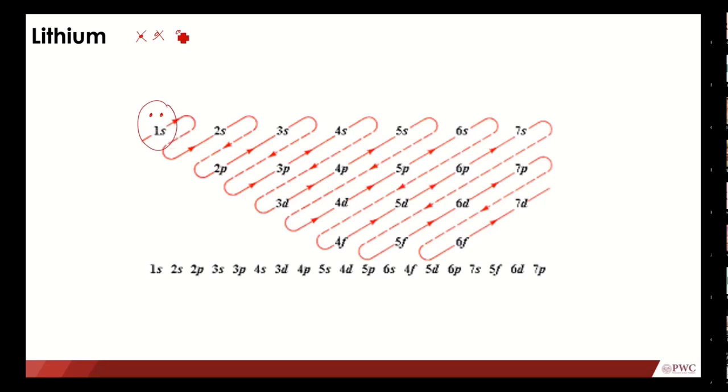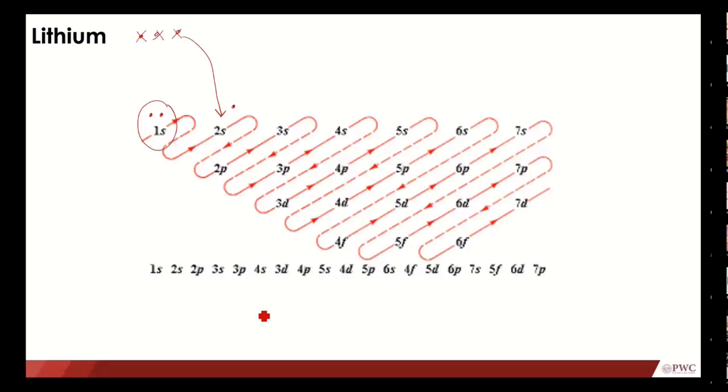So this will now occupy the next higher energy level. On the second energy level, we have two sublevels, the s and then the p sublevel. Where should we occupy first, the s or the p sublevel? The S. Right, the s sublevel, because the s sublevel has lower energy compared to the p sublevel. So the third electron will occupy the 2s.